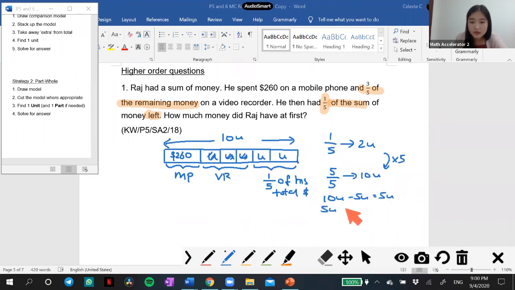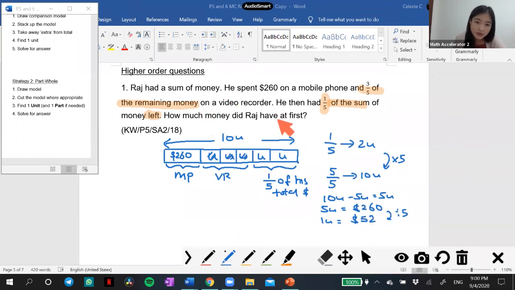So 5 units is equal to 260. 1 unit, divided by 5. What do you have for 1 unit? Thank you. 52. All right, go back to the question.